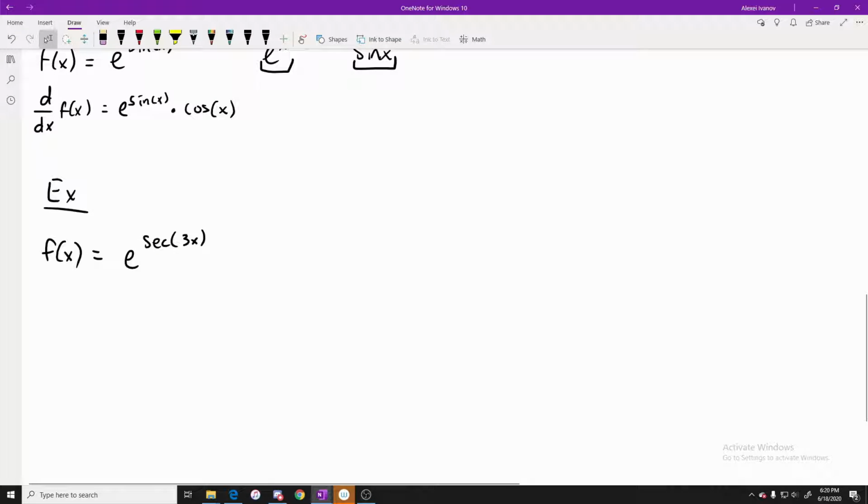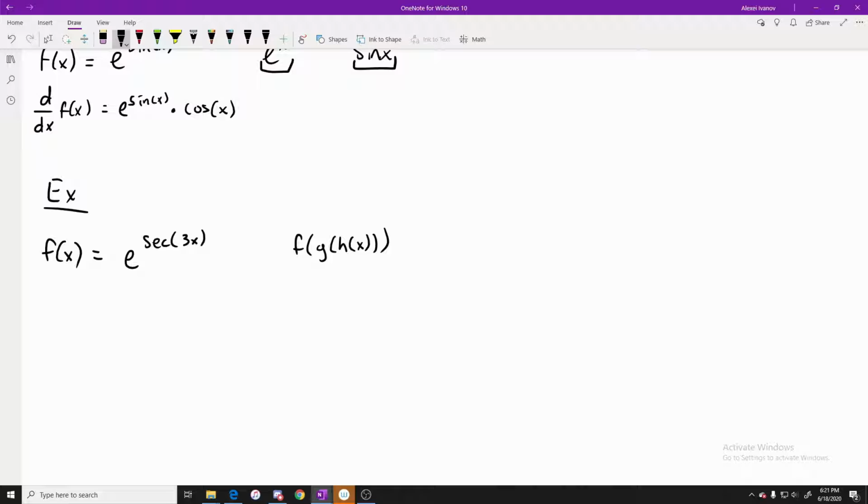So now let's take a look at a function similar to what we were dealing with before. However, I've added this extra inner function right here of 3x. So now we have a composition of three functions. We basically have something looking like f of g of h of x, right?